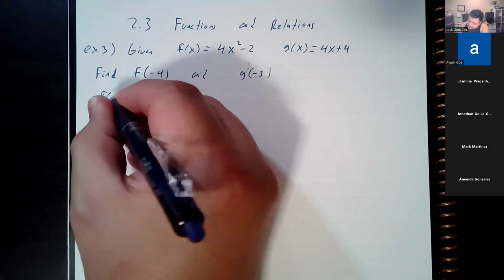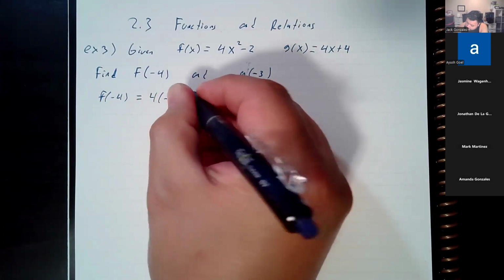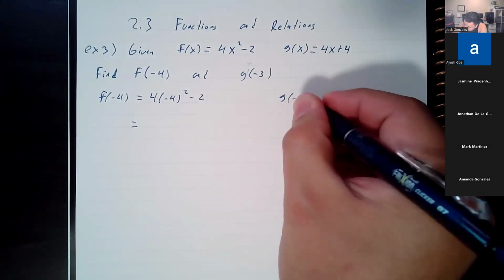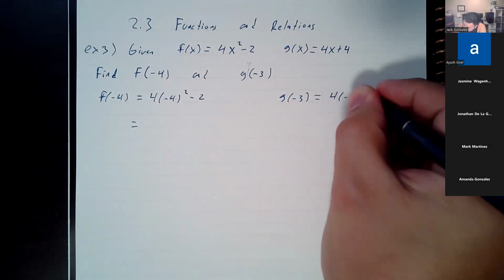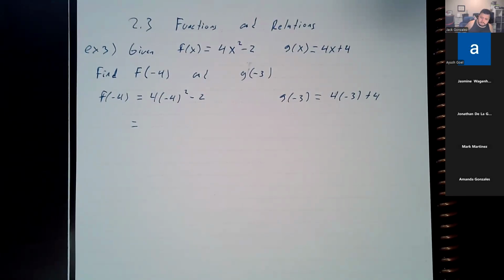So f of negative 4 means plug it in wherever you have an x. Let's see what happens. g of negative 3 means plug it into the g wherever you have an x. Does that make sense?